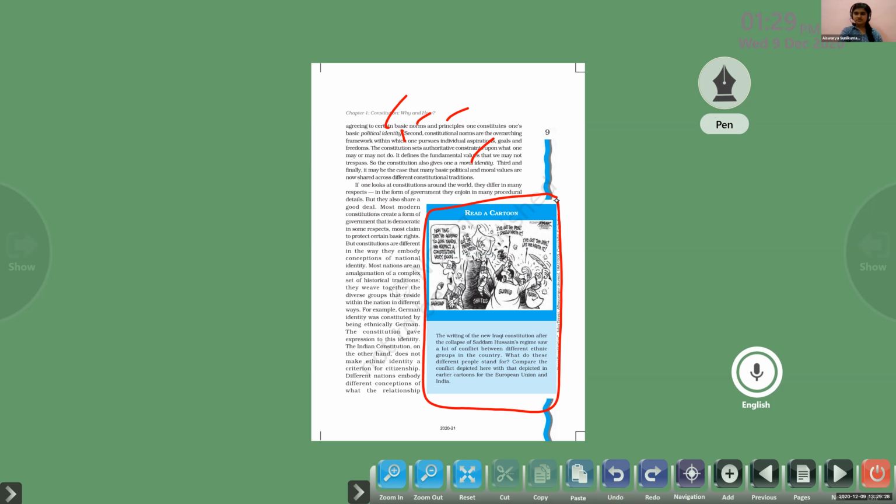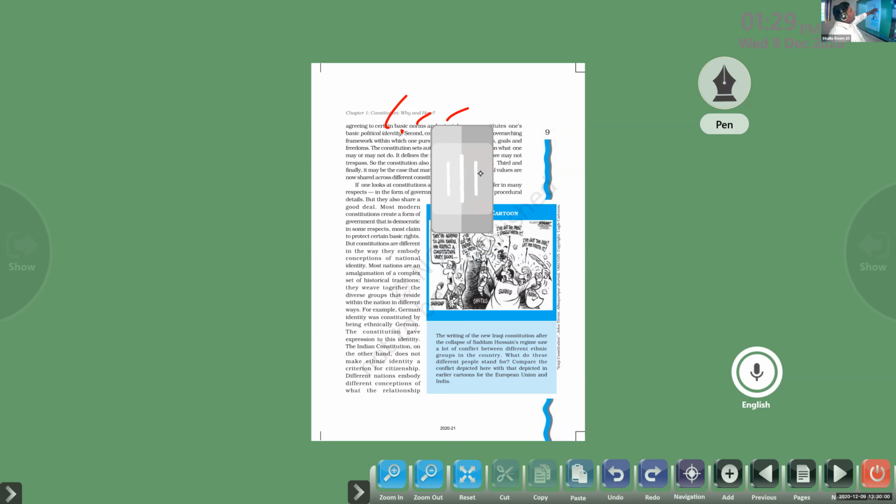This scene is from when they were about to draft the constitution. There were different types of groups, and they were arguing with each other with their own opinions. Okay, fine. I said it's almost correct. But I already told you that for understanding this kind of thing, a broad reading is necessary. You are small kids, secondary school students, so limitations are there.